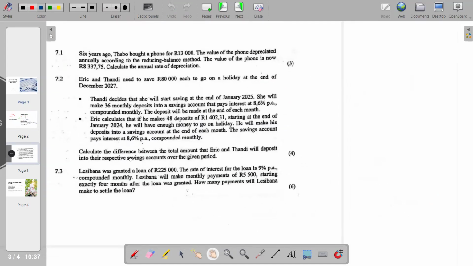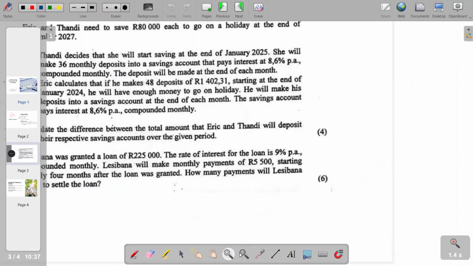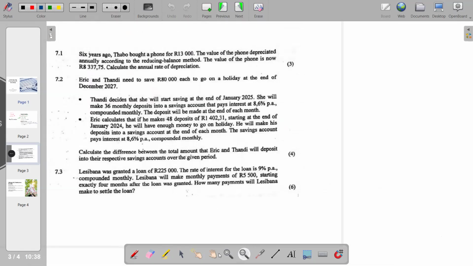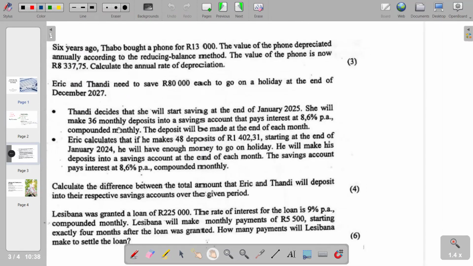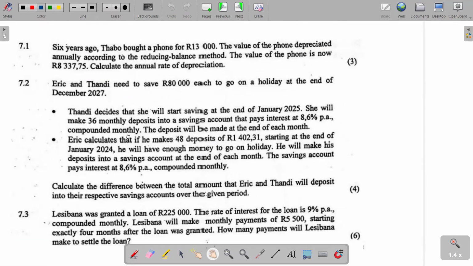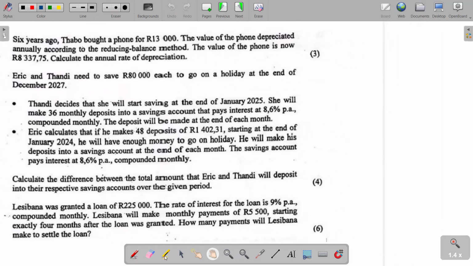So here is the question. Number 1. The first question is saying, 6 years ago, Tabo bought a phone for 13,000.